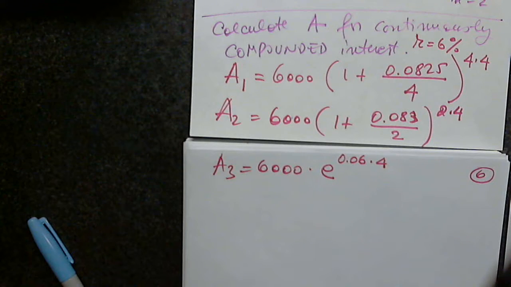How do you get 16? I have to multiply 4 by 4, otherwise I have to put parentheses. Is that okay? So then the second one, 6,000 in parentheses 1 plus 0.083 divided by 2, close the parenthesis, caret, and if you don't want to put parentheses for the caret, you multiply 2 by 4 and you get 8, and press enter.